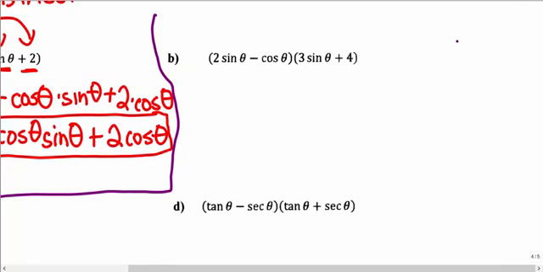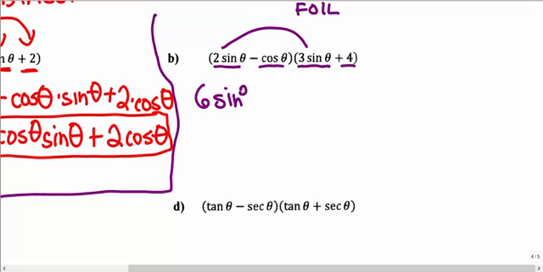In the next example, we are multiplying two binomials together. In other words, within the first parentheses we have two terms, and in the second parentheses we also have two terms. When we multiply two terms times another two terms, we use FOIL. So first times the first will give us 6 sine squared theta.